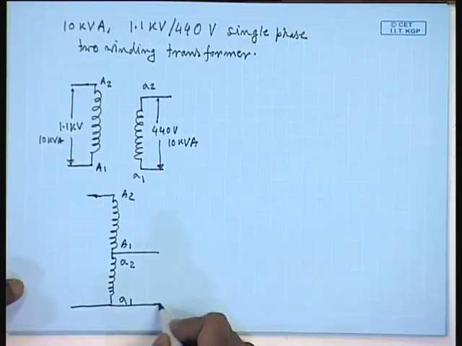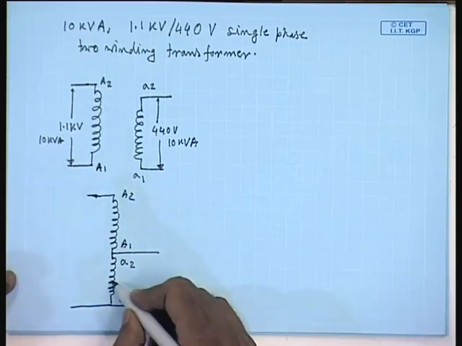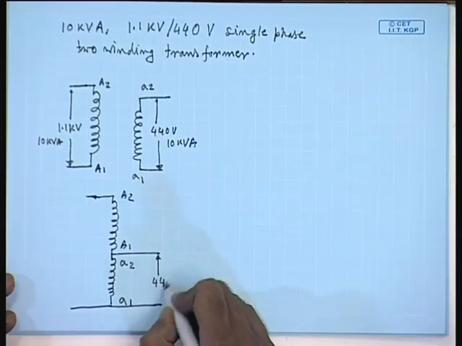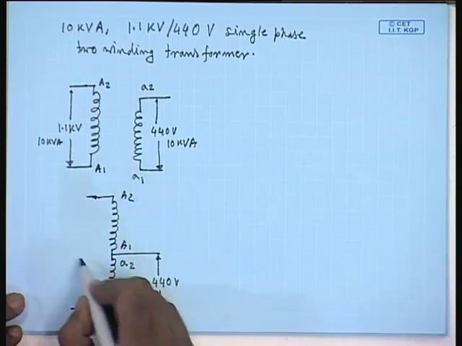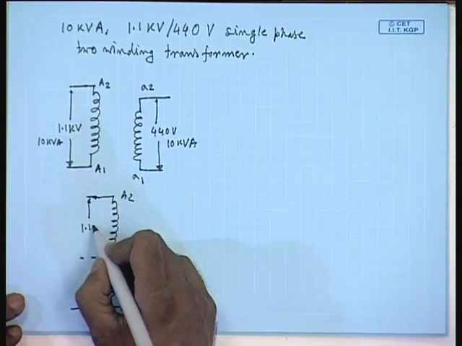So, what will be the voltage ratio here? The maximum voltage that can appear on this side is 440 volt. The maximum voltage that can appear here is 1.1 kV.